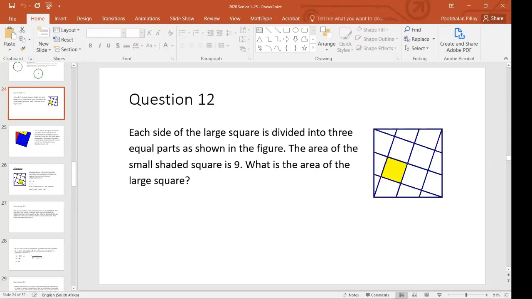Then you draw this line going up to this first point, then you join this point to that point, and so on, to create a new diagram. In this new diagram, you know the area of these small squares. The question is, what is the area of the original square?